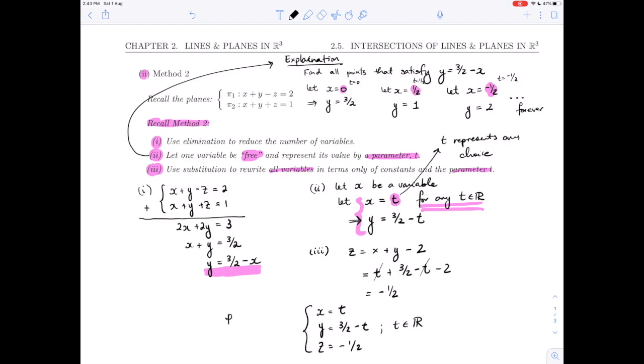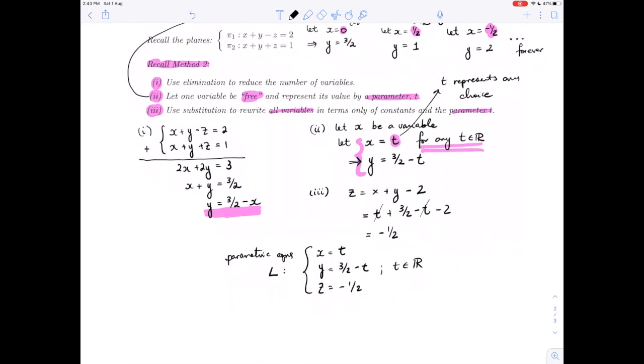It looks exactly like the parametric equations for a line, for our line of intersection L. So if we wanted to write this in vector form, that's x, y, z is equal to 0, 3/2, minus 1/2 plus t times the vector 1, minus 1, 0 for t in R. And if you go and check what we did at the end of the last video, that was the answer that we got from our geometric method as well.